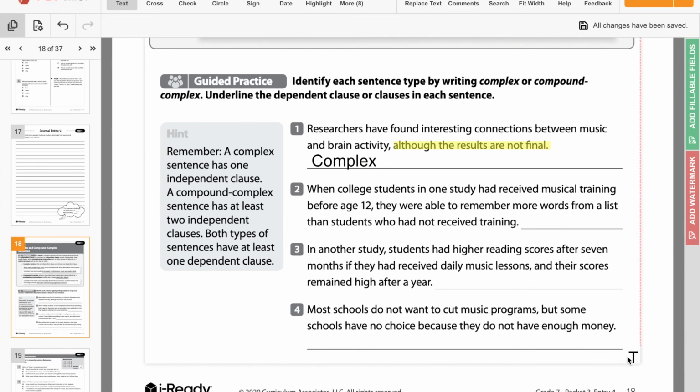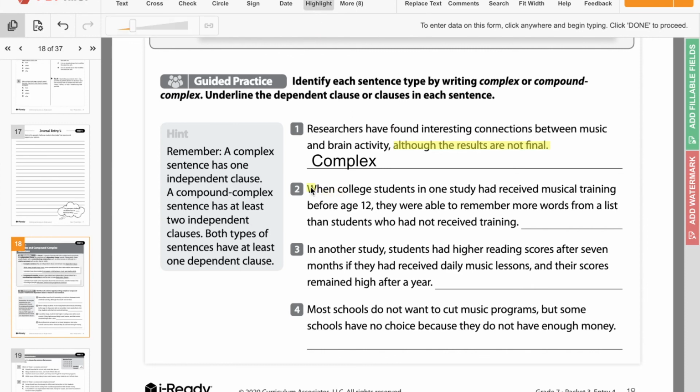When college students in one study had received musical training before age 12, they were able to remember more words from a list than students who had not received training. So if I just said, when college students in one study had received musical training before age 12 and stopped, you would be wondering, when they received musical training before age 12, what?